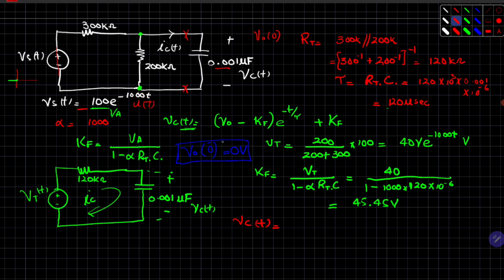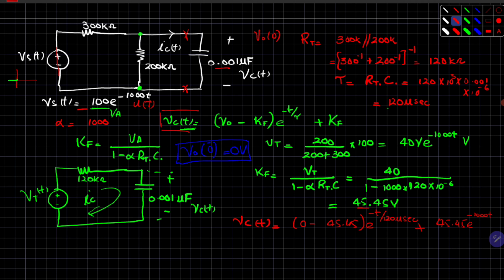So replacing all the values in this equation, Vc of t will be 0 minus Kf, that is 45.45 e raised to power minus t over 120 microseconds, plus Kf here, again you know that 45.45 e raised to power minus 1000 t.